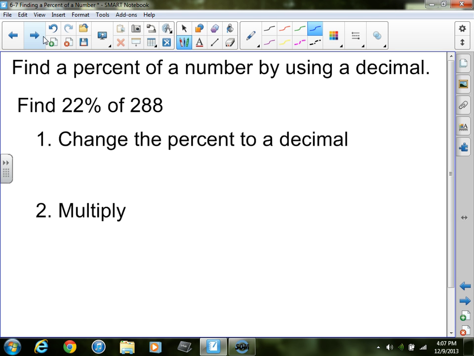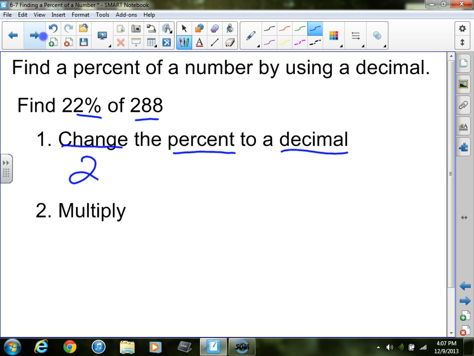Now, we're going to try a different strategy to find a percent of a number, and that's using a decimal. We learned a few lessons ago how to turn a percent into a decimal. So that's what we're going to need to do here. So when we find 22% of 288, we first need to change the percent to a decimal.